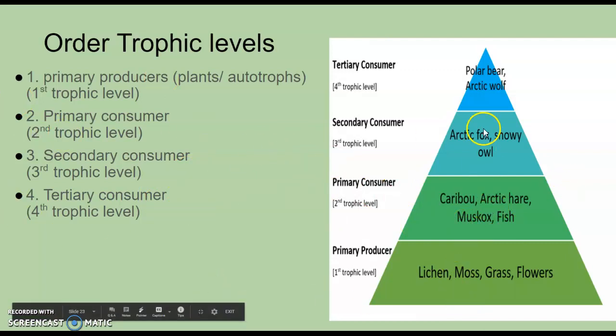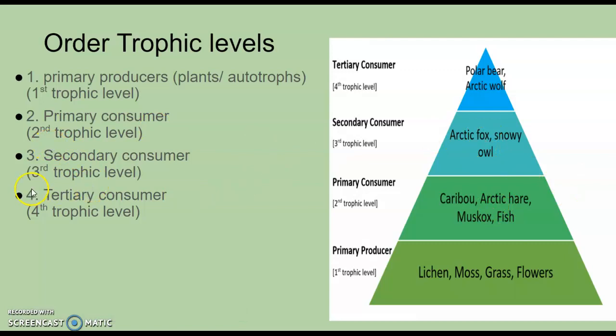Going from there up the food chain, I have my third trophic level, which is the secondary consumers. So my second level of heterotrophs. These guys are going to be the ones that are eating my primary consumers. And after that, I have the tertiary consumers. These are going to be the highest. They're going to eat my secondary consumers.